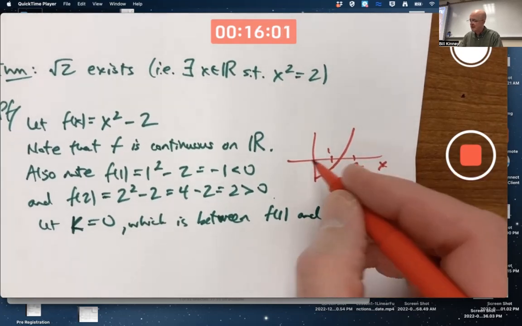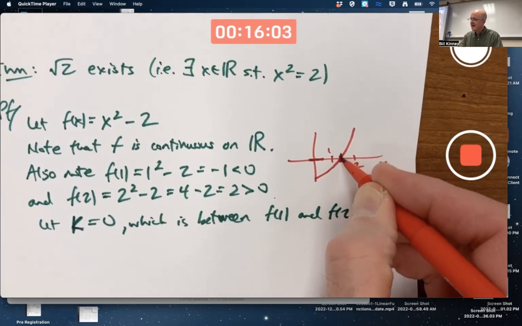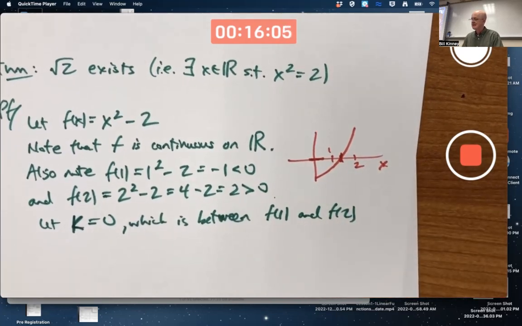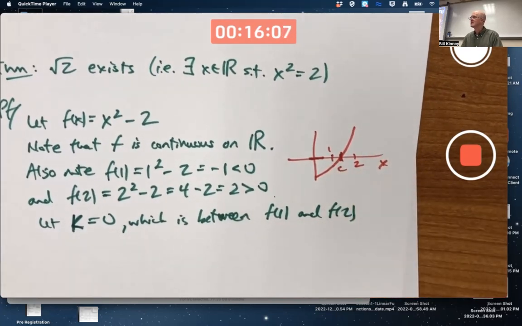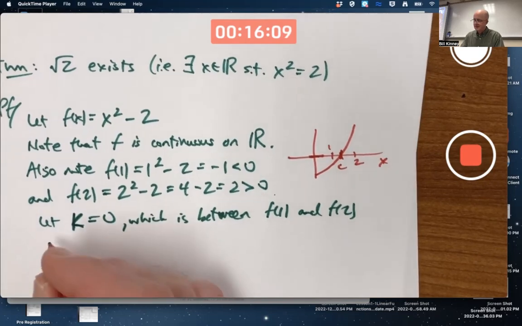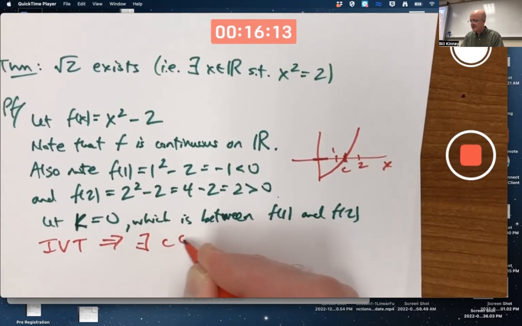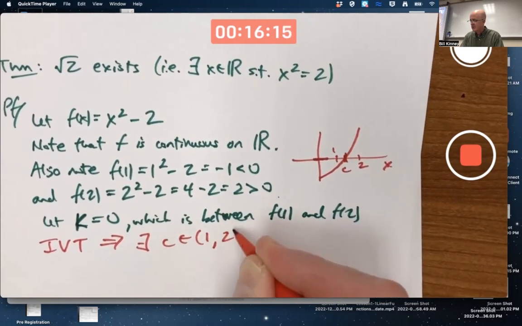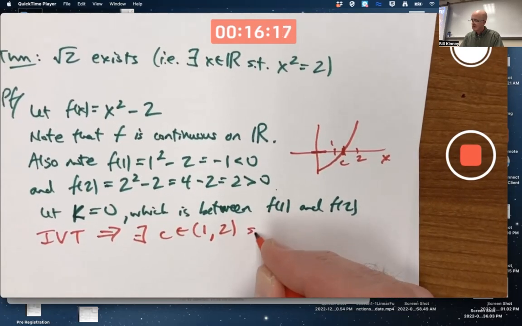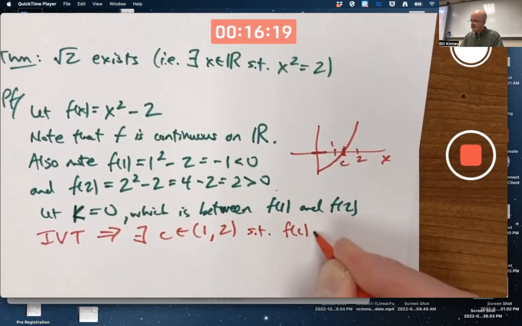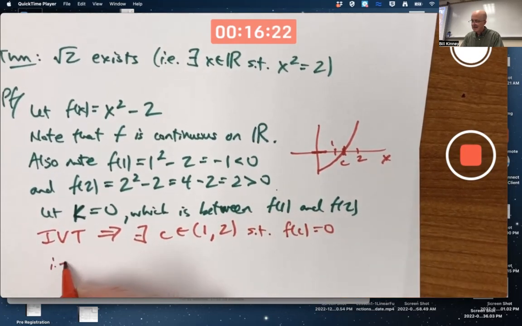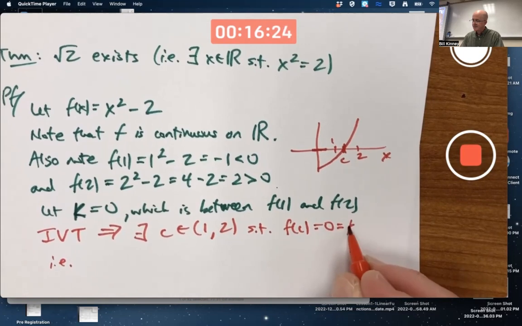The intermediate value theorem says there's some value c that's a root of this polynomial. The IVT implies there exists a c, you can even say it's in the open interval from 1 to 2, such that f of c is 0, i.e., what's K?